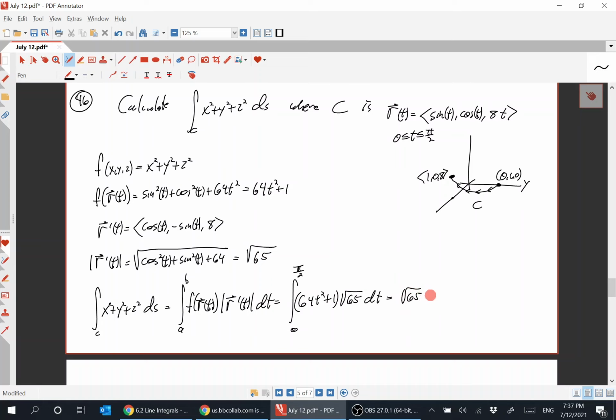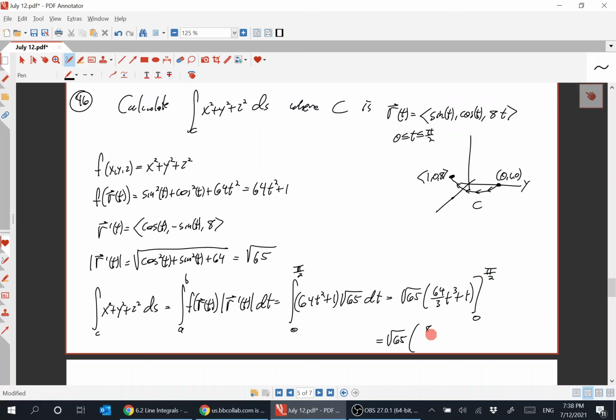Antiderivative here, 64 over 3 t to the third plus t, from 0 to pi over 2. So this is square root 65 times, plugging in pi over 2, we get 64 over 8.